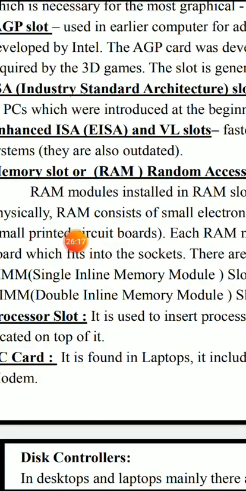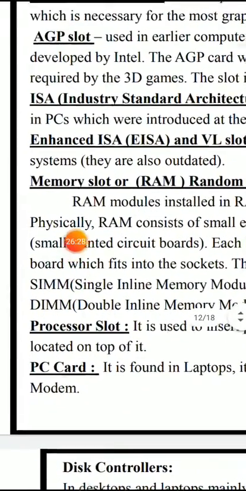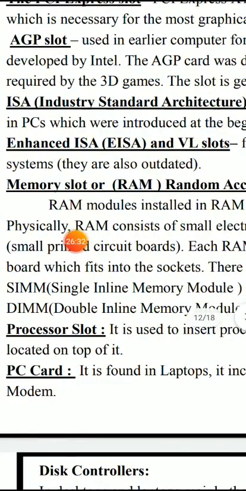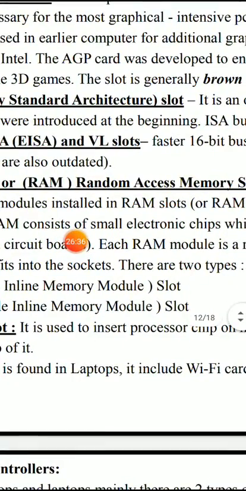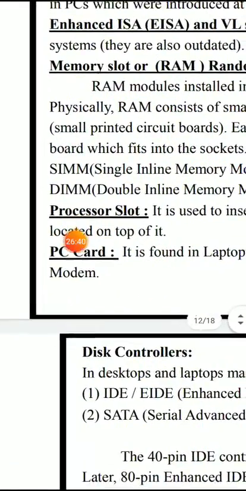RAM chip slots are provided on a motherboard in order to connect different kinds of RAM. There are two types. One is called SIMM, another is called DIMM. SIMM stands for single inline memory module. DIMM stands for dual inline memory module. Both types of slots are available on the motherboard of a computer system.